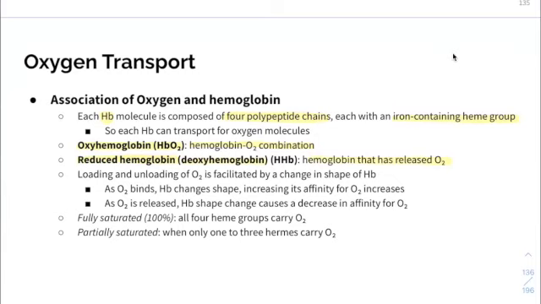So when our red blood cells want to get rid of their oxygen, hemoglobin has to change its shape. One shape allows for better binding of oxygen, but when hemoglobin changes its shape, it allows for easy release of that oxygen.